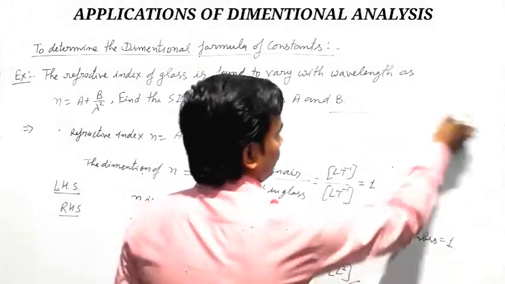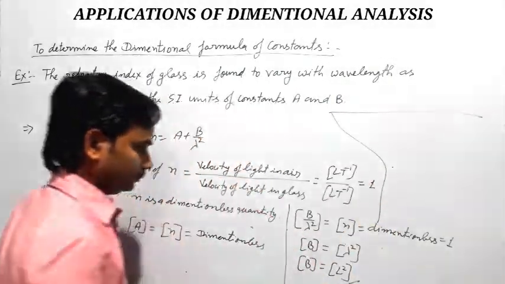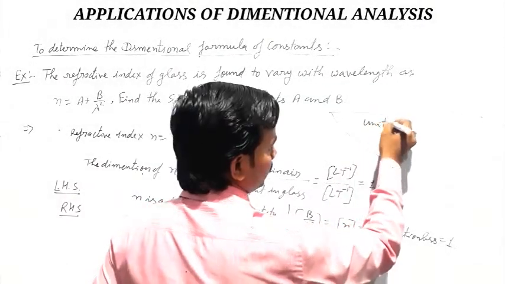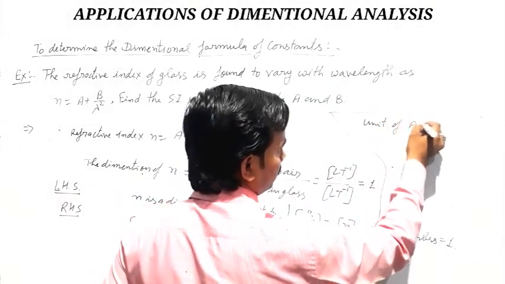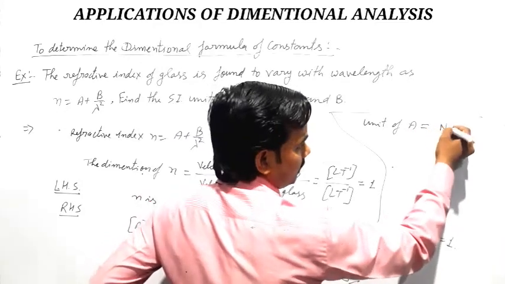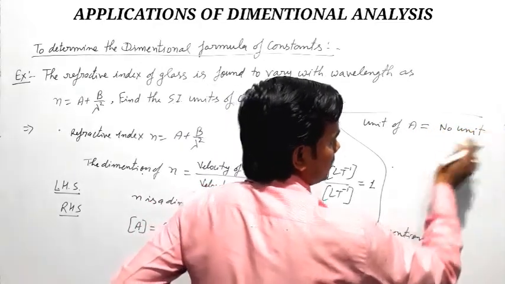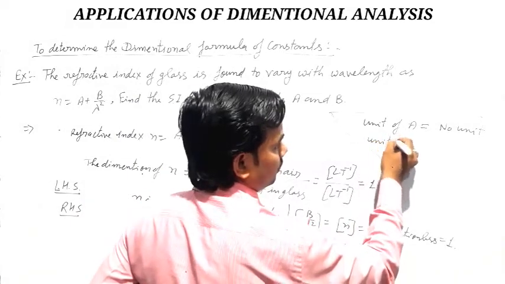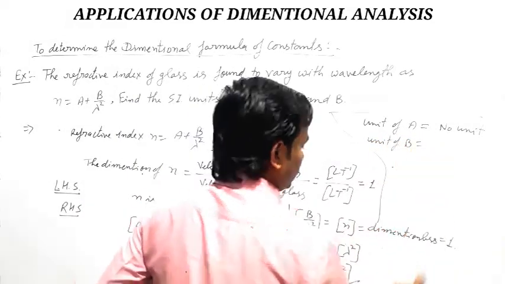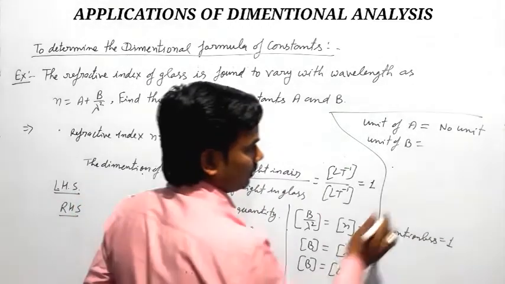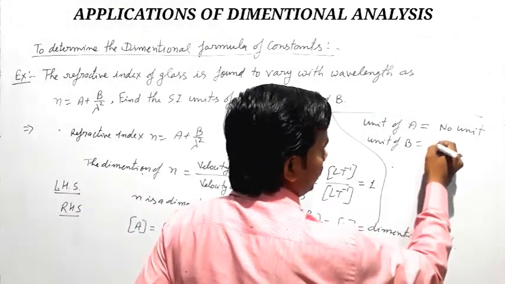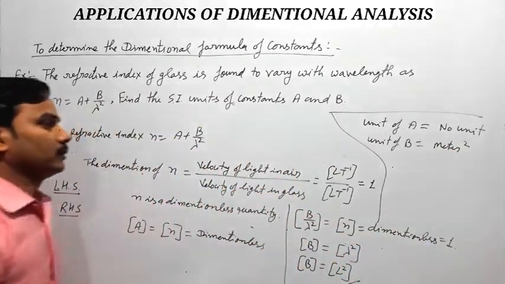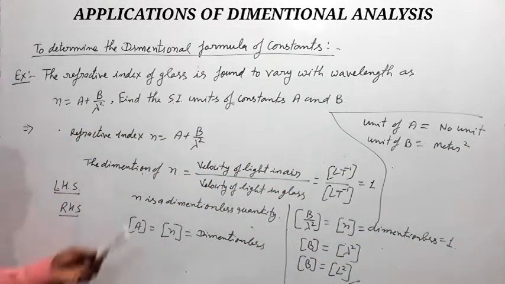Here the unit of a has no unit because it has no dimension. Next, the unit of b is what? This is L², so we can say the unit of b is meter square. So this is the final answer of this question.